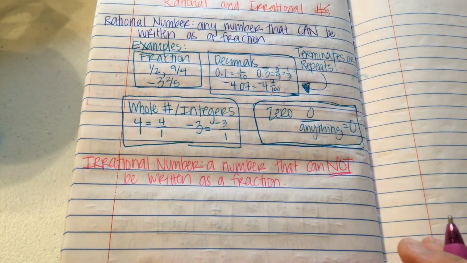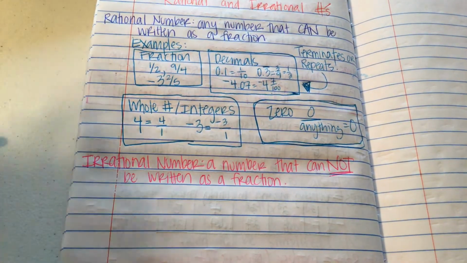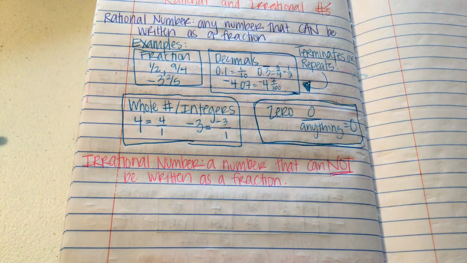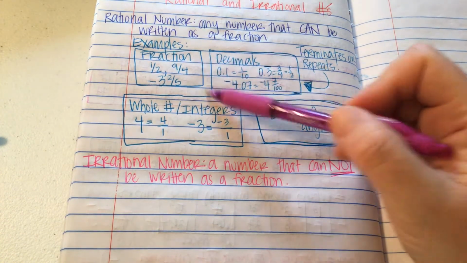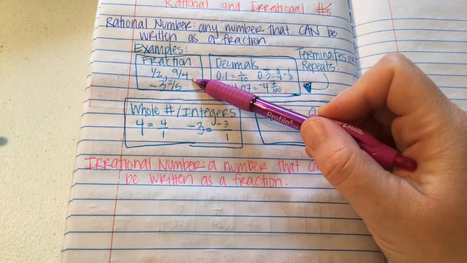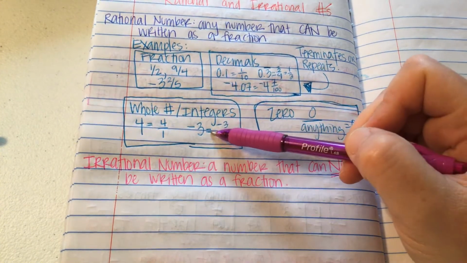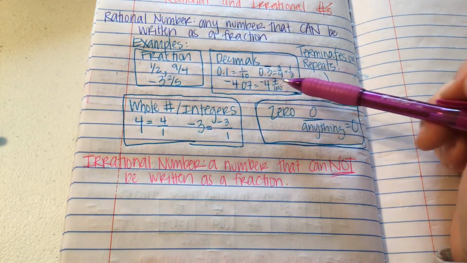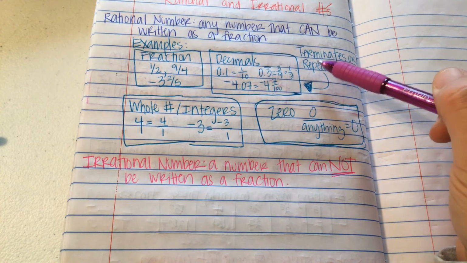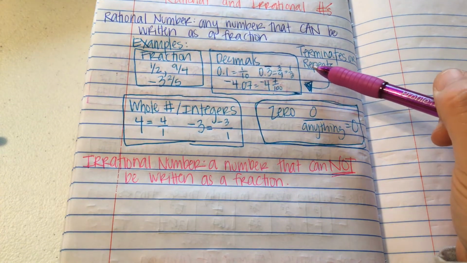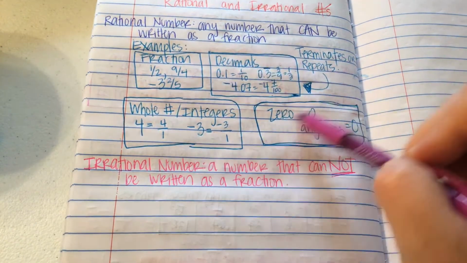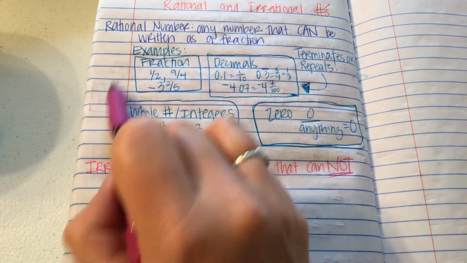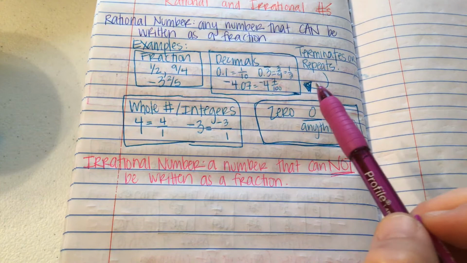And when we talk about irrational numbers, it's really hard to come up with things, because it can't be a fraction, it can't be a whole number or an integer, it can't be 0, and it can't be a terminating or repeating decimal. So there's really only one category that doesn't fit into these examples up here. These are the examples of rational. So what would be an example of an irrational number?